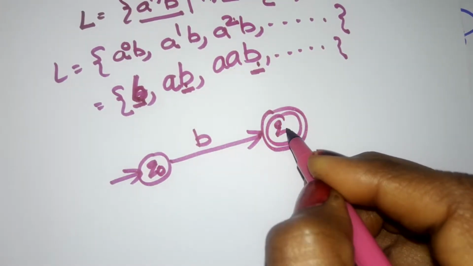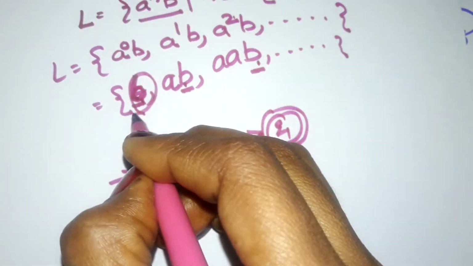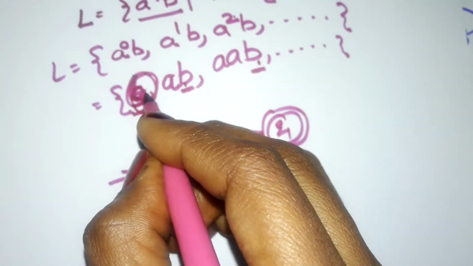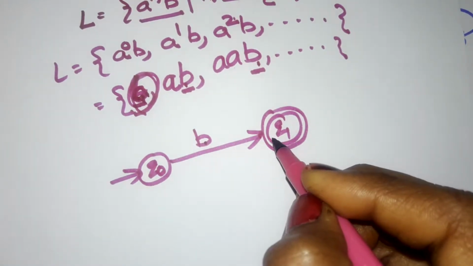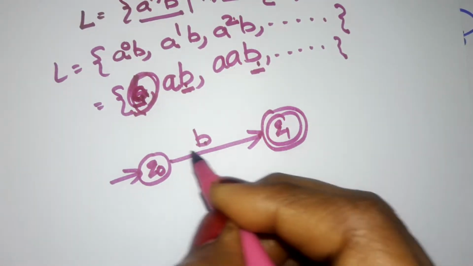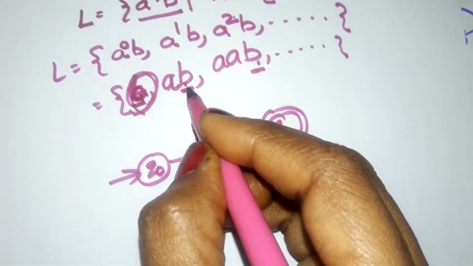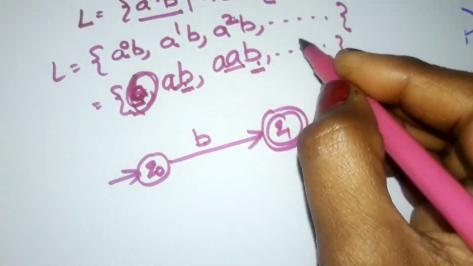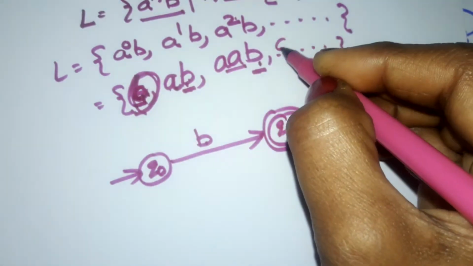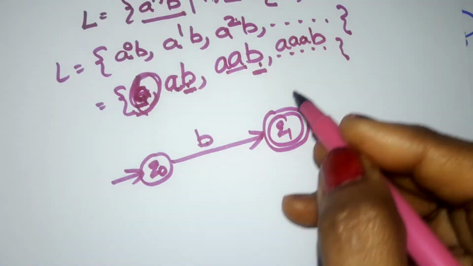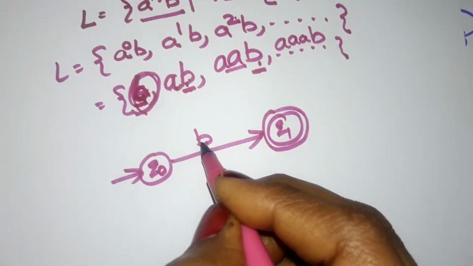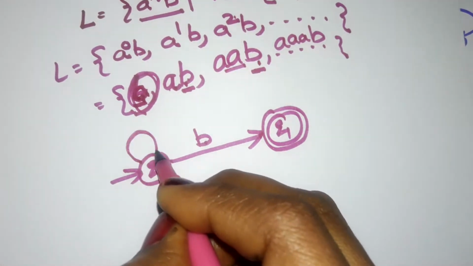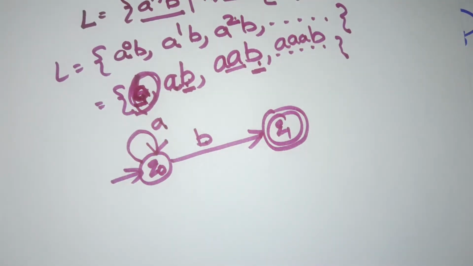First, always consider the initial input string, which is only one b. If one b comes, it should go to the final state. And before the b, if any number of a's comes, for example if n is equal to 3, that means 3 a's and 1 b, ending with b, it should be acceptable. Okay, this is the case.